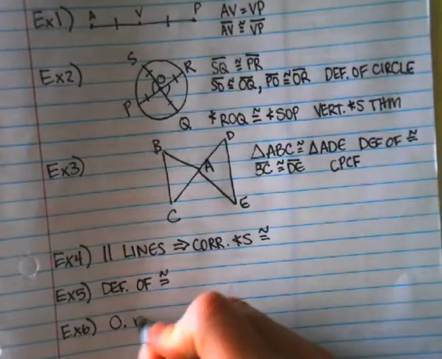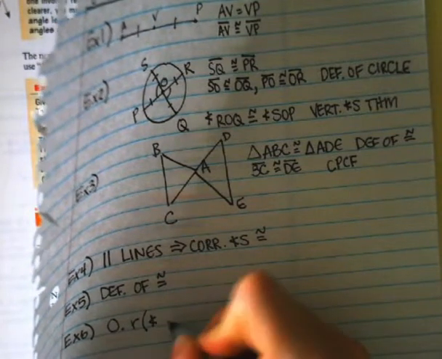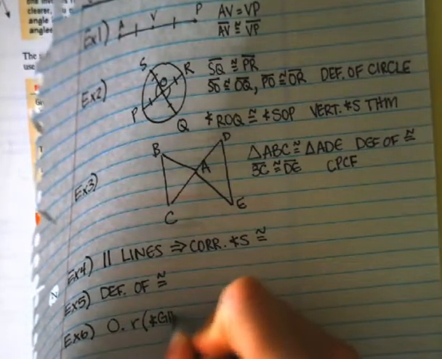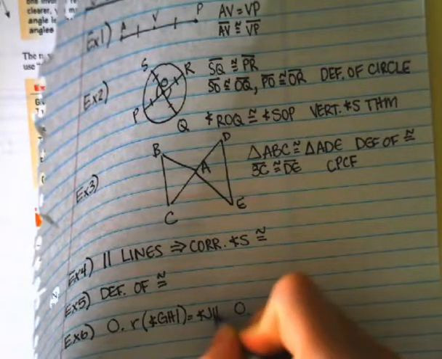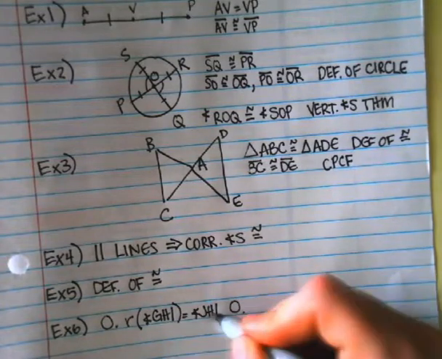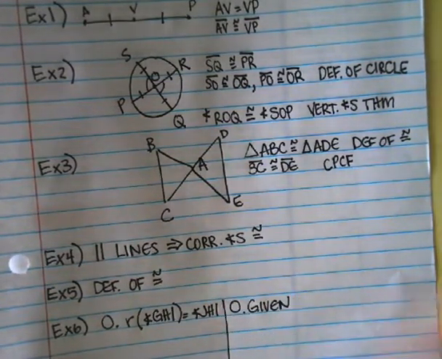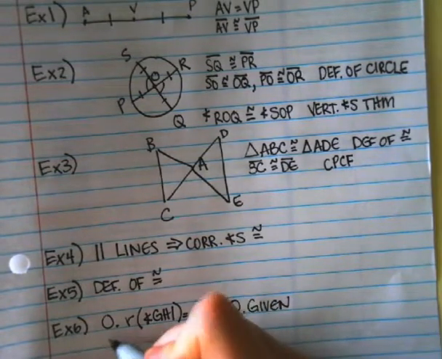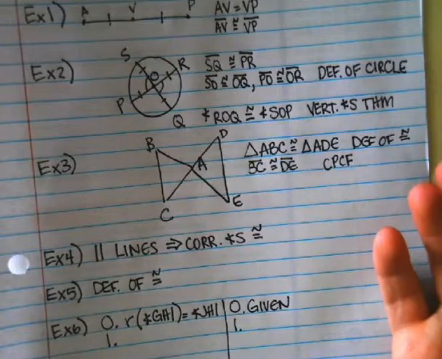So the reflection of angle GHI equals angle JHI. That was my given statement. And what's the reason? How do I know this? Well, it's given. Everybody should get step 0 correct, I think. And this one's going to be only one step because we only needed one step for it.